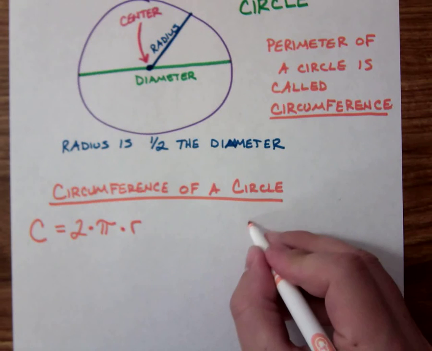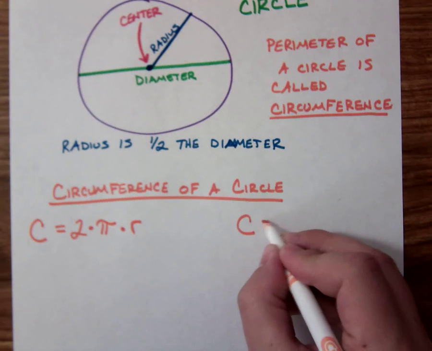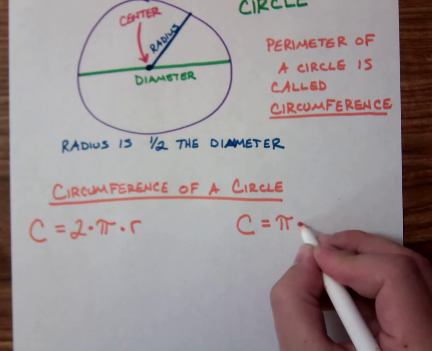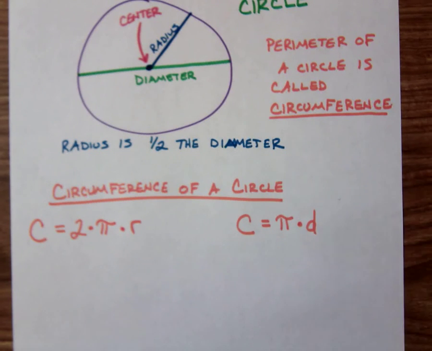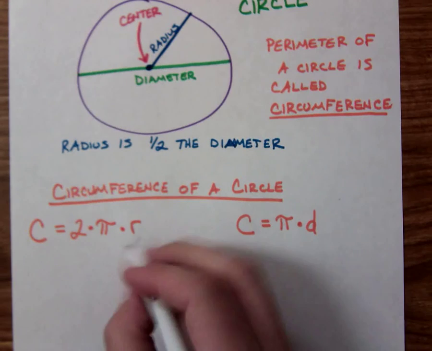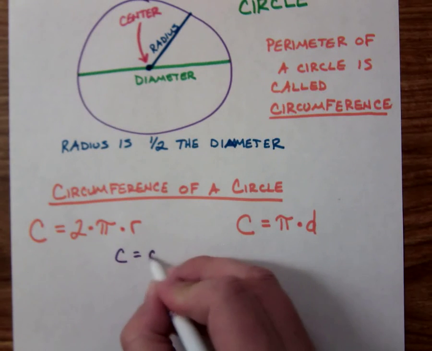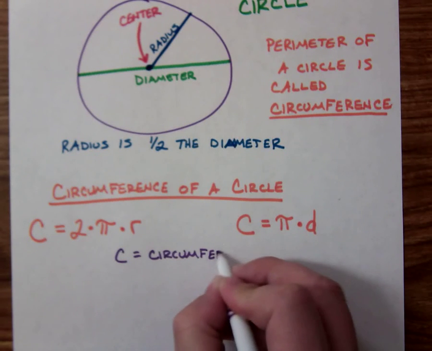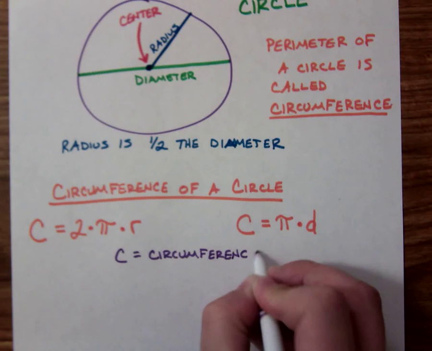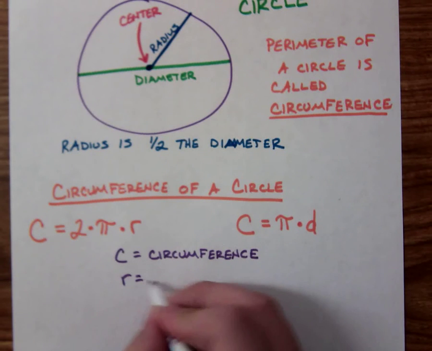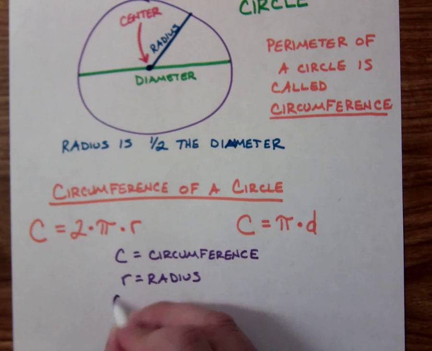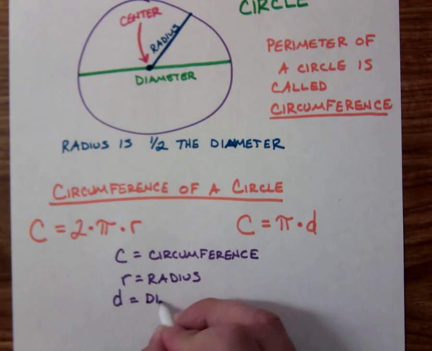The other formula, and these will give you the same answer, is this goofy little symbol multiplied by the diameter of a circle. So we're going to go ahead and label our pieces here. C is the circumference. R is the radius. D is the diameter.